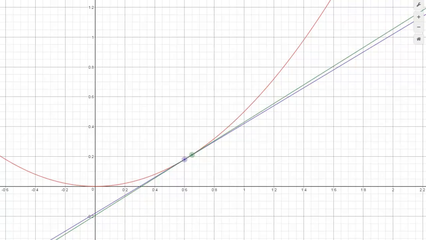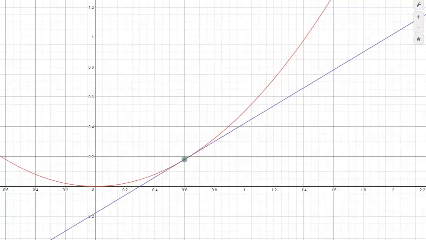That is, as delta x gets closer to 0, the secant line gets closer and closer to the actual tangent line. That's kind of like the limiting process. Delta x is getting smaller and smaller, all the way to 0, and then you have actually found the tangent line.